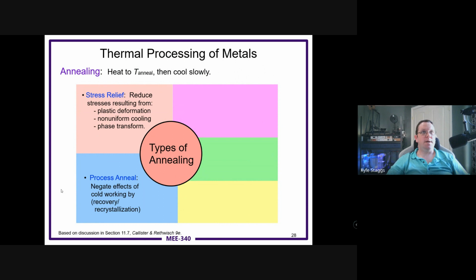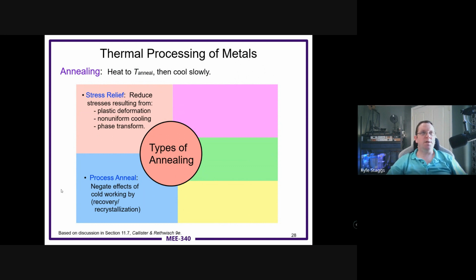And then stress relief. So this is going to be reduced stress from things like plastic deformation. This is why I want to try and get through the material, to show you guys some examples of how this is actually done in materials, to see what the stress relief actually does.